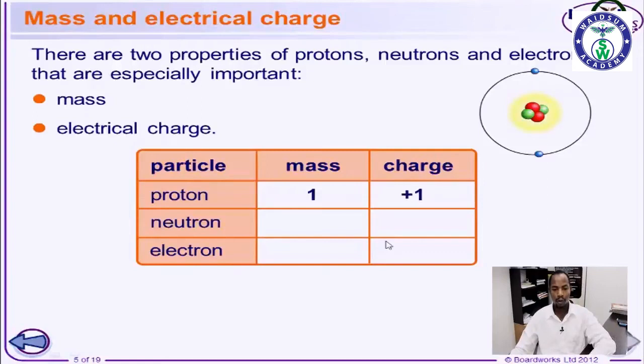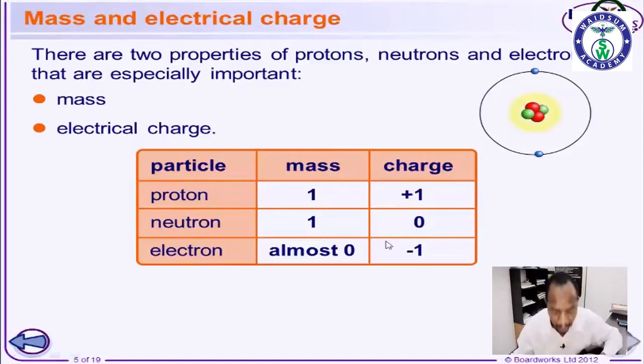The proton has a mass of 1 and is positively charged. The neutron has a mass of 1 and has no charge. The electron has a mass of almost 0, which is 1 over 1,840, or 1 over 1,850, or 1 over 2,000, as reported in different textbooks.